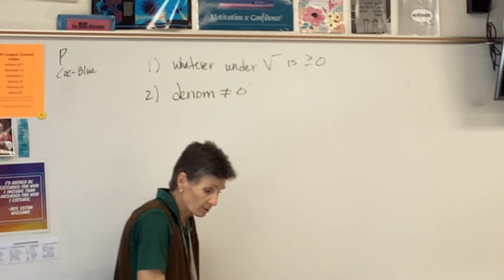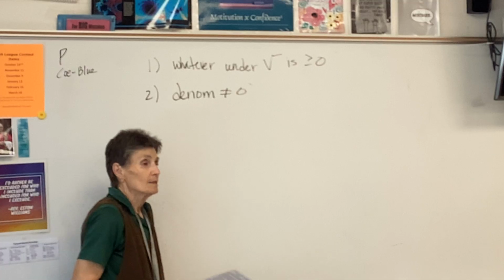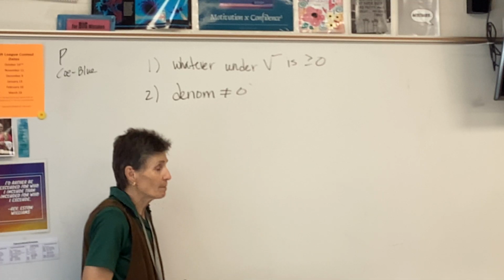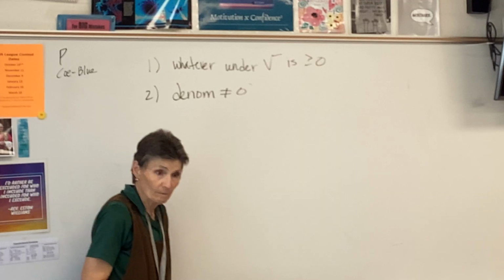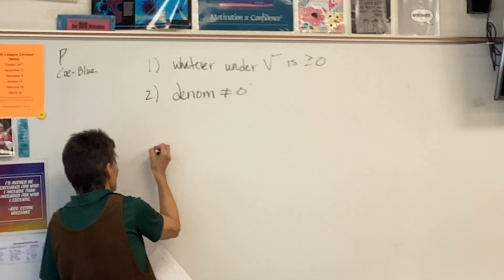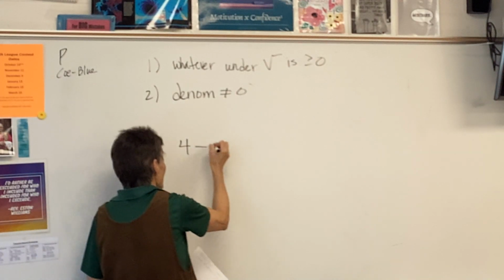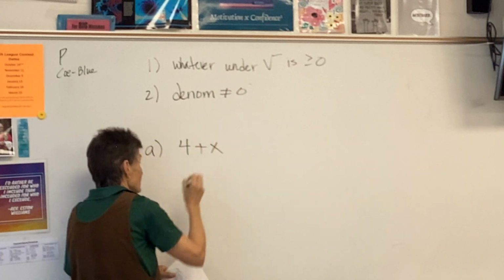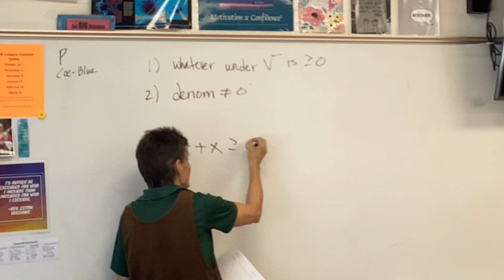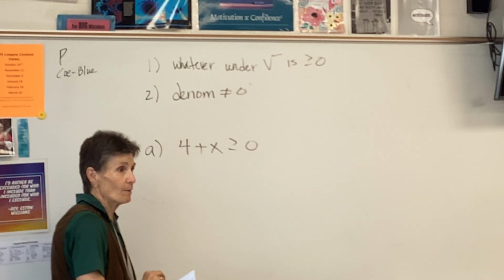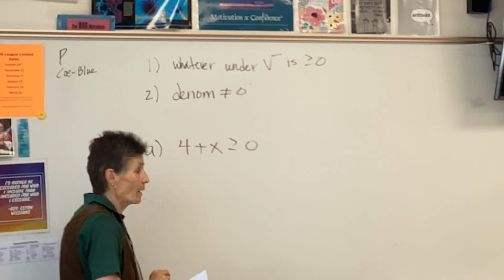So here we go, let's look at the first one, 2a. Does it have a denominator? No, but it has a radical. And whatever is under the radical, which is 4 plus x, has to be greater than or equal to 0. So I solve it.